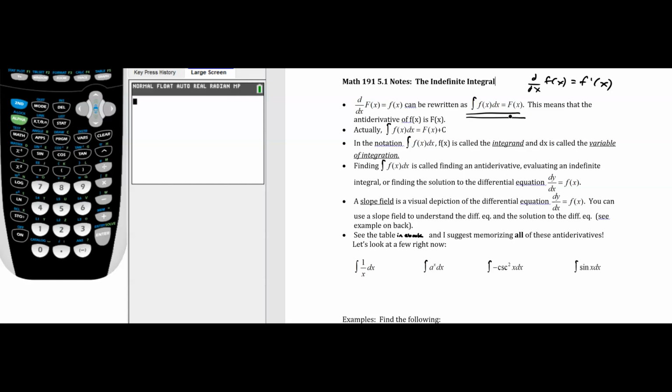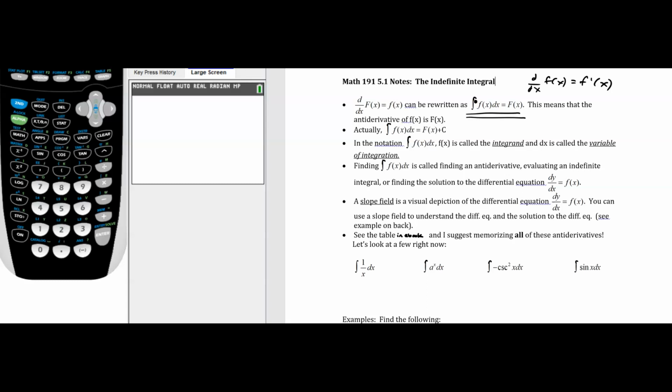So this is saying the function that has f as its derivative is capital F. Okay, so hopefully you can get used to that notation. The function that has lowercase f as its derivative is capital F. And we say that the antiderivative of lowercase f is capital F.